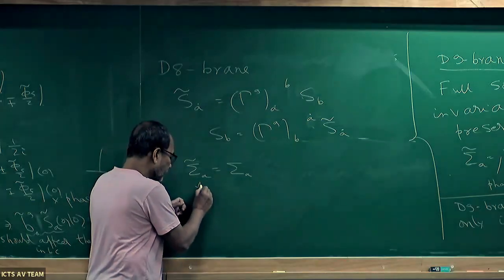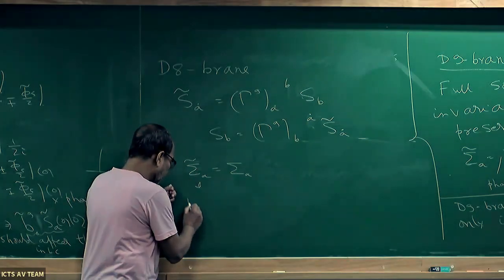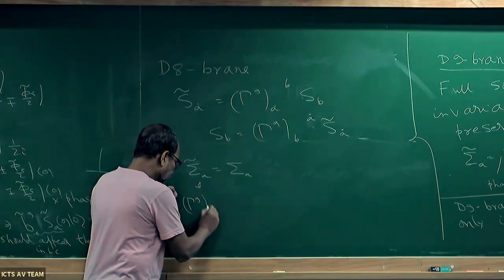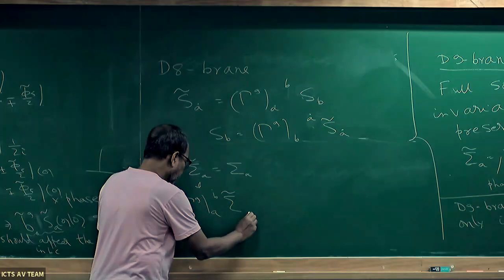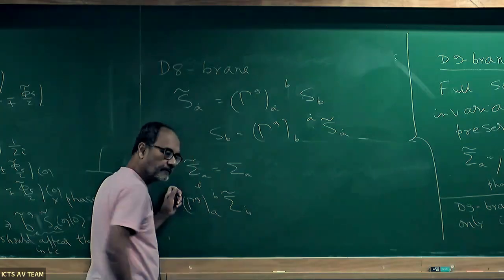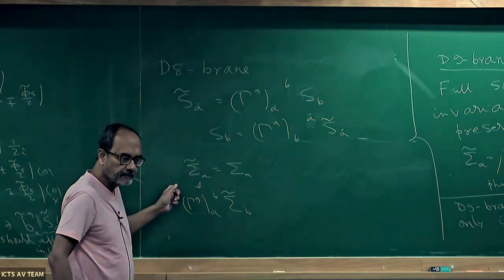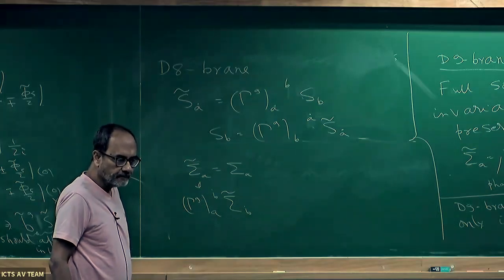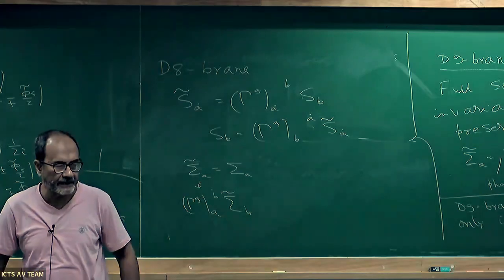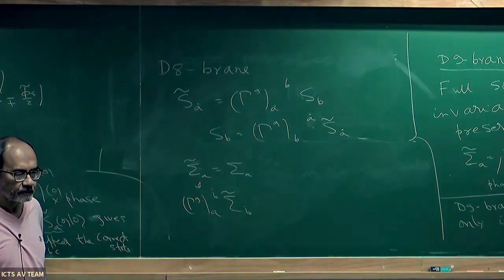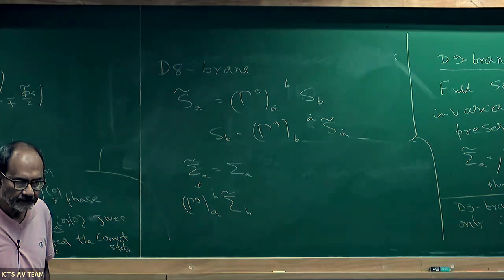This one, sigma tilde A, will now be replaced by gamma 9 A B dot sigma tilde B dot. If it's only one direction, then you could change this undotted to dotted. Exactly. If you change only one direction, it will change undotted to dotted. Since two, then again it will be from. Exactly.